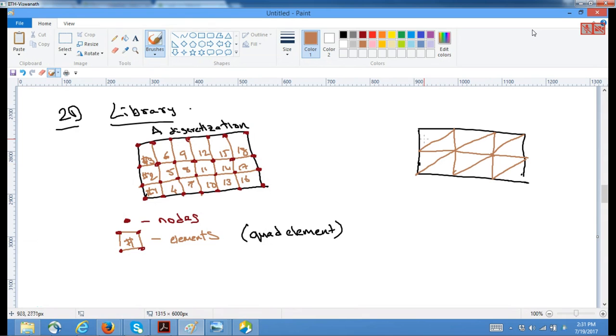So now, if you look at it, these are the nodes. It's the same rectangle. I'm sorry for not drawing the similar thing, but assume it's the same configuration. Now I'm discretizing it in a different manner.